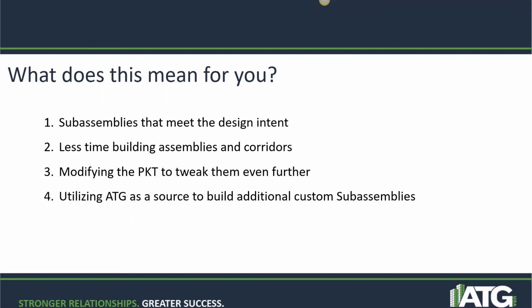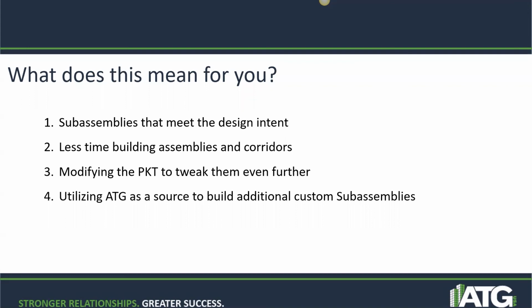Maybe we're talking airports, taxiways, runways. Maybe we're talking water channels. So maybe we need canals and we need to build something, channelways, something along that line, retaining walls. Maybe the out of the box just doesn't cut it. We can build a subassembly that will meet your needs.